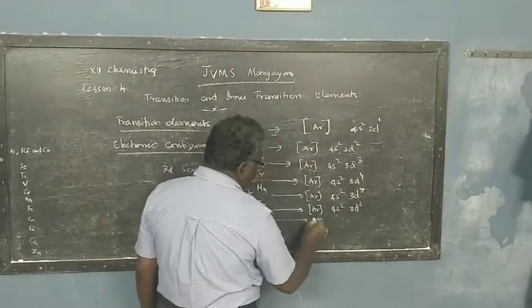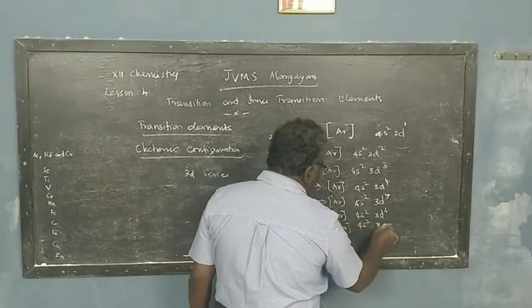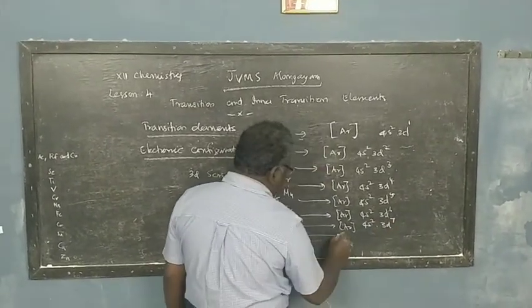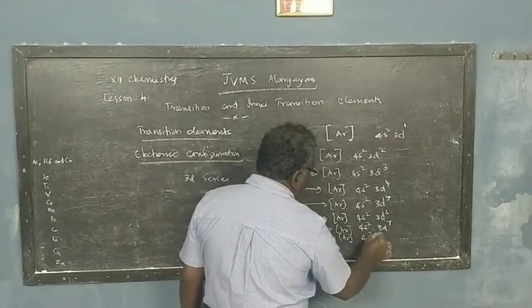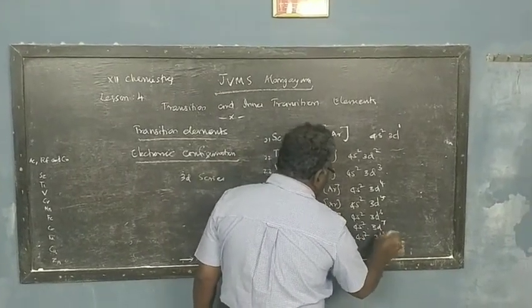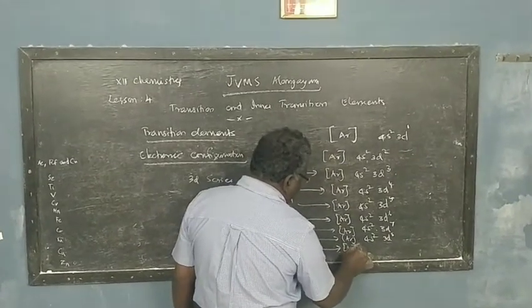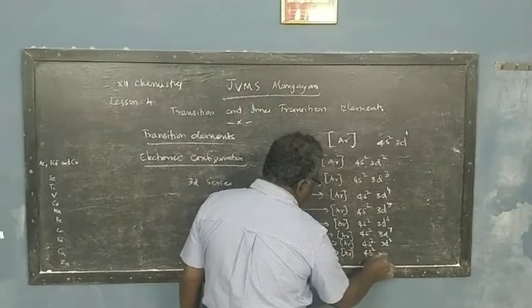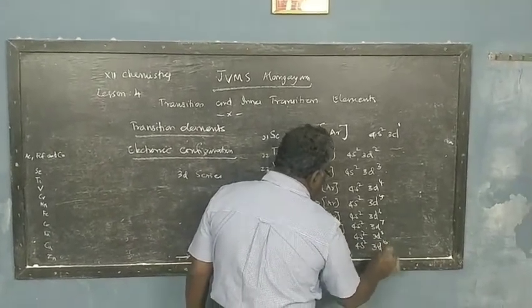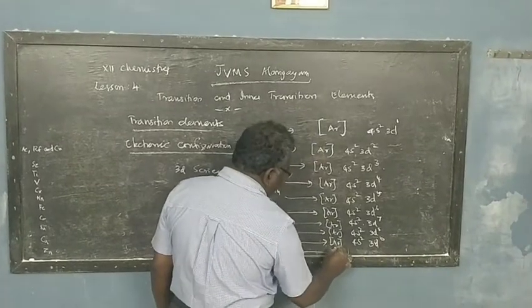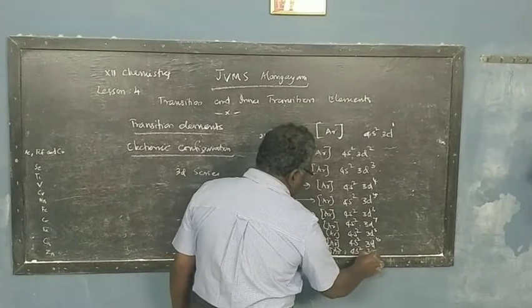Cobalt will have 4s2, 3d7. Nickel will have 4s2, 3d8. Copper has 4s2, 3d9. And zinc will have argon configuration 4s2, 3d10.